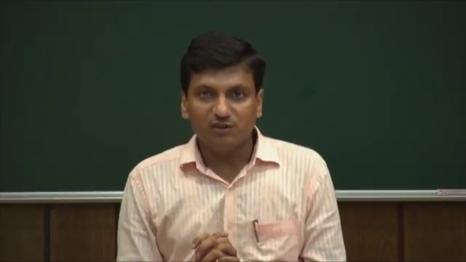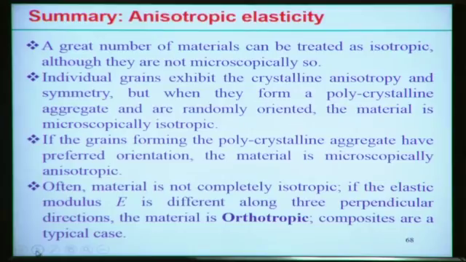But individual grains do exhibit crystalline anisotropy and symmetry. When they form a polycrystalline aggregate and the grains are randomly oriented, the material can be considered isotropic, microscopically isotropic.